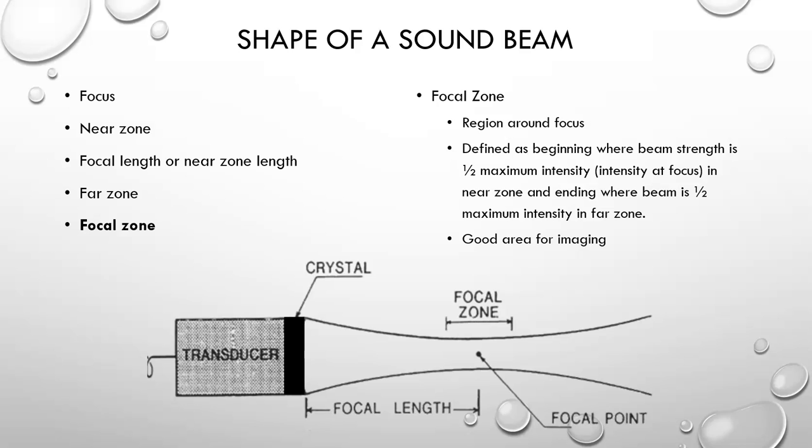The focal zone begins at a point where that intensity is 1/2 of the intensity at the focus, and it ends where the intensity is again 1/2 of the intensity at the focus. So the focal zone is an area between half the maximum intensity to 1/2 the maximum intensity. This is considered the good area for imaging.